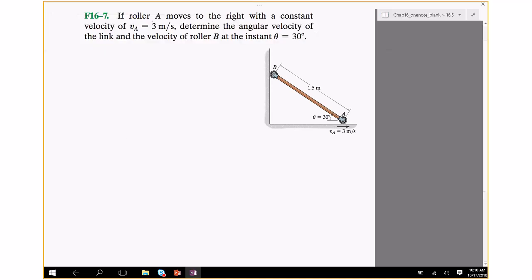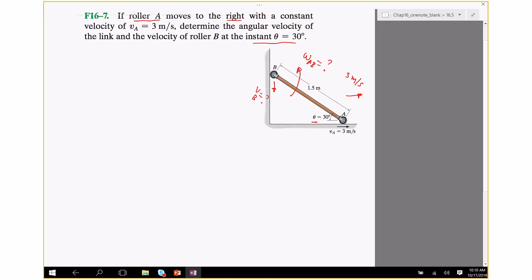If the roller A moves to the right with a constant velocity of 3 meters per second, determine the angular velocity of the link, which is omega AB, and the velocity of the roller at B, when the angle theta is 30 degrees.